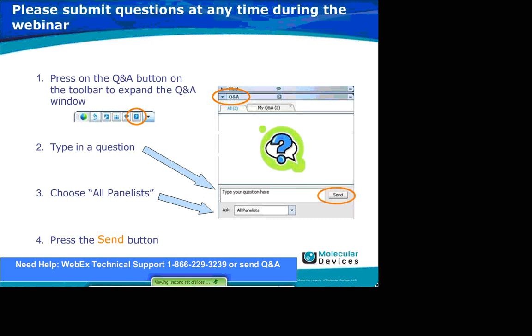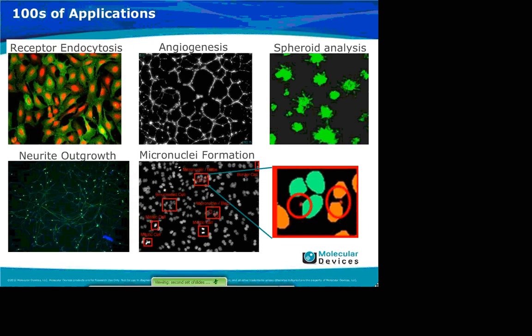I wanted to tell you a little bit about, for those on the line who aren't familiar with high-content screening, high-content screening essentially uses a sophisticated automated microscope that enables hundreds of applications in the screening mode. This slide shows you just a sampling of those applications, anywhere from receptor endocytosis, angiogenesis assays, gross morphology with spheroid analysis, neurite outgrowth.